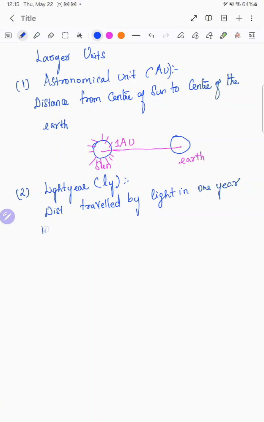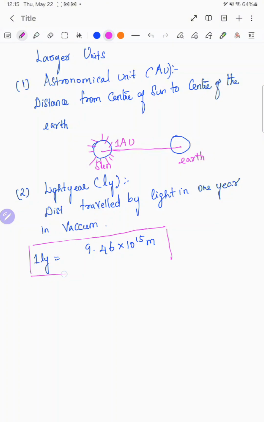In 1 year in vacuum, that is the word you have to mention. So 1 Ly is about 9.46 into 10 power 15 meters.